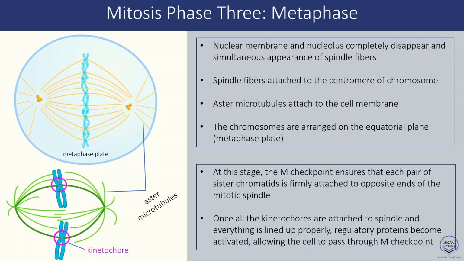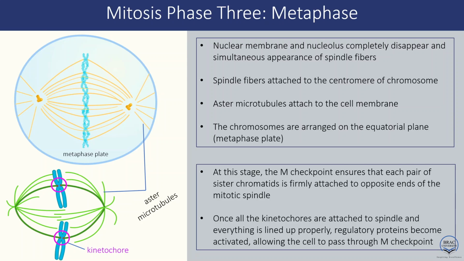If that is not firm, if there is any problem in the spindle binding to this kinetochore, then the chromosome will not be separated properly, and this will result in anomalies. For example, non-disjunction. So we will be seeing the abnormalities in the mitotic process. Non-disjunction will happen if there is any problem in the segregation of chromosomes.